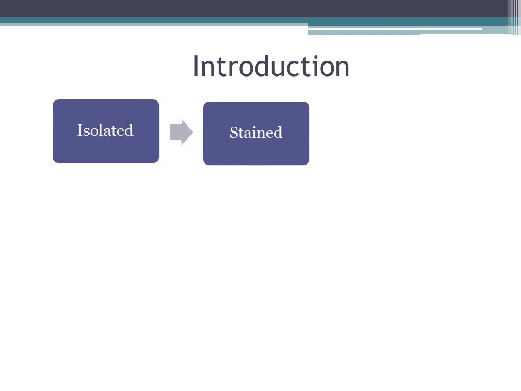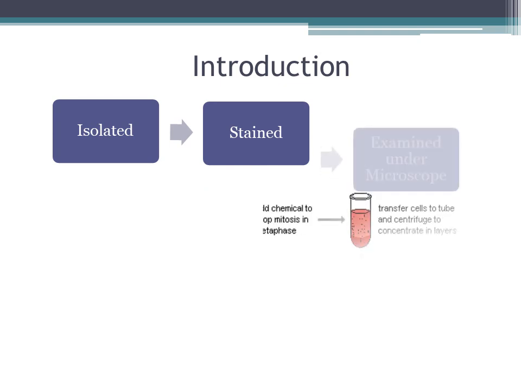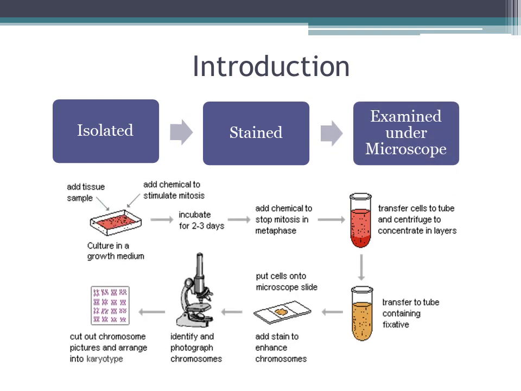Then they will be stained or dyed with certain colors. And finally, they will be examined under a microscope where chromosomes are identified and photographed, and then they are cut out into pictures and arranged into a karyotype.